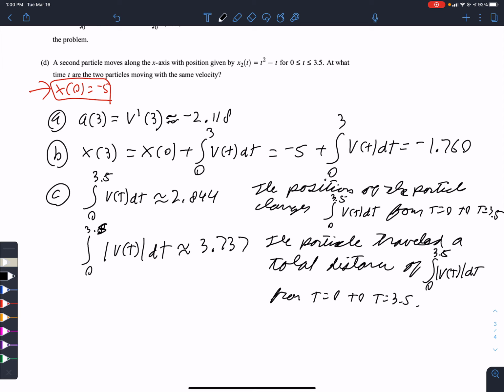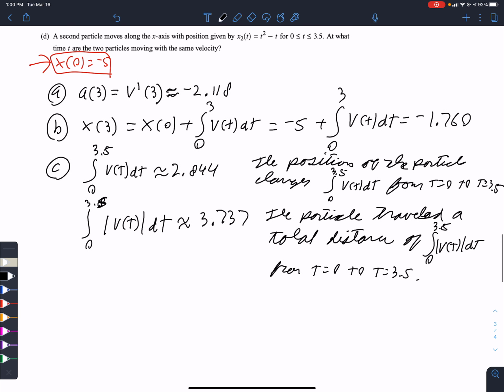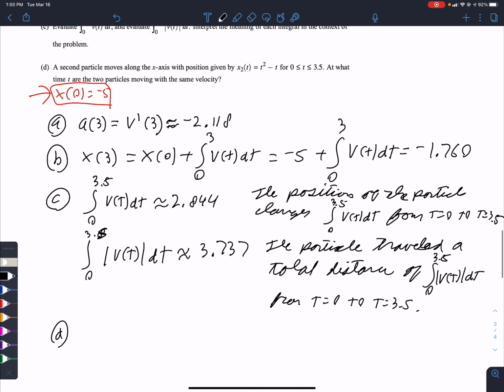Okay, so pretty straightforward problem. The difference between displacement and total distance clearly seen there. And part D, a second particle moves along the x-axis, position given by that.